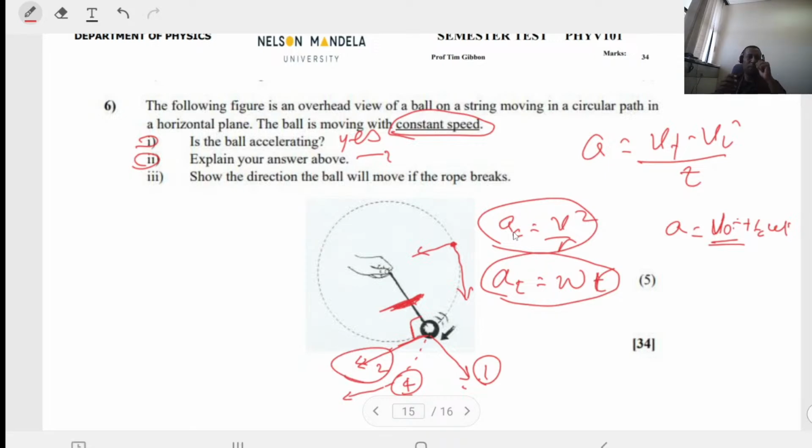Therefore, path number 2 should be the correct answer. This is all about the test that the PHYV 101 students wrote. Any question you want to raise in between? Otherwise, we are almost done here.